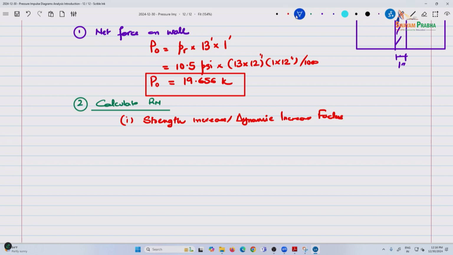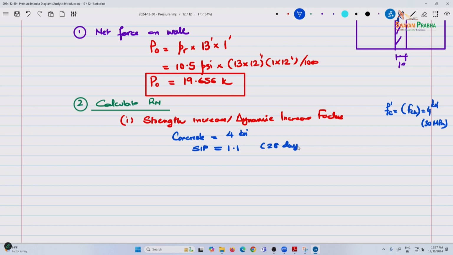So here for concrete, typically we use FC, we call it FC prime, which is nothing but FCK here, which is 4 KSI, which is probably a 30 MPa, equivalent to M30. So the increase factors you can use the same. The SIF for 4 KSI is 1.1 at 28 days.